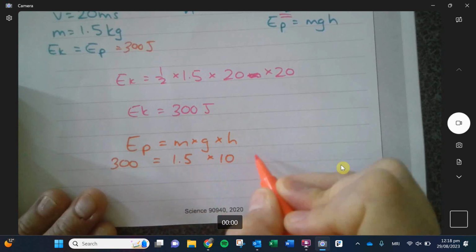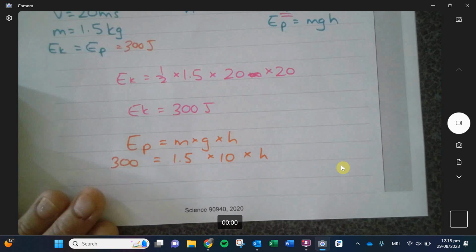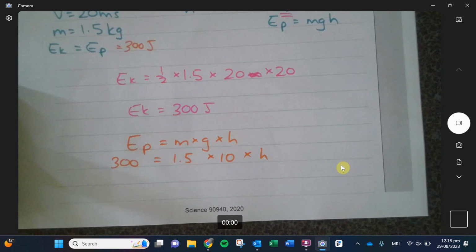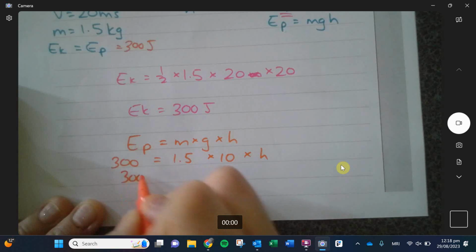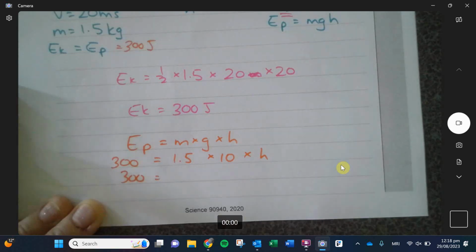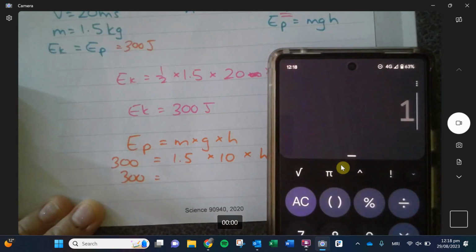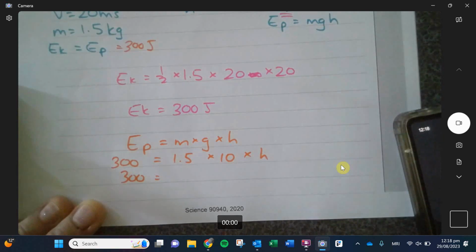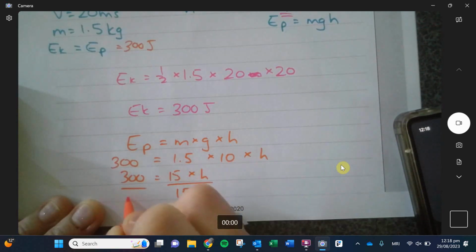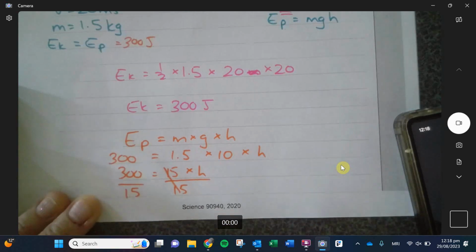My gravity is 10. My height is my unknown. So it'd just be 300 equals, I think that's 15, isn't it? 1.5 times 10, 15 times H, divide by 15, and I get my H.